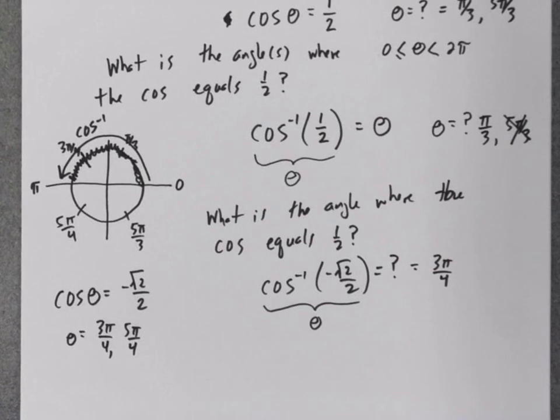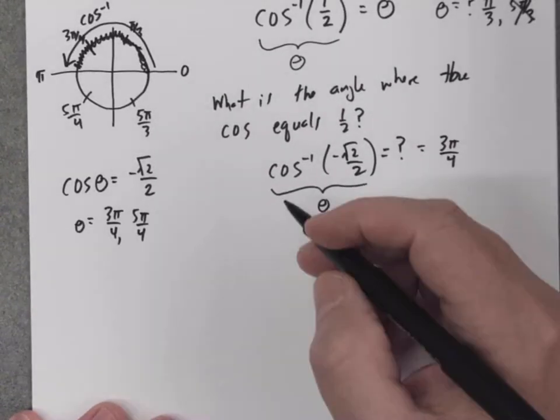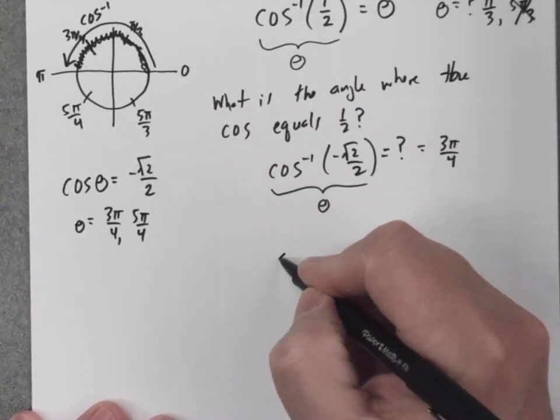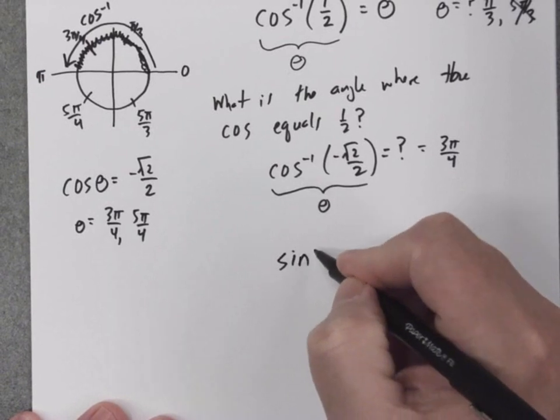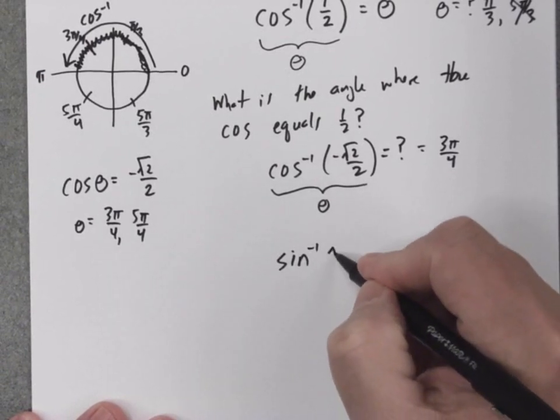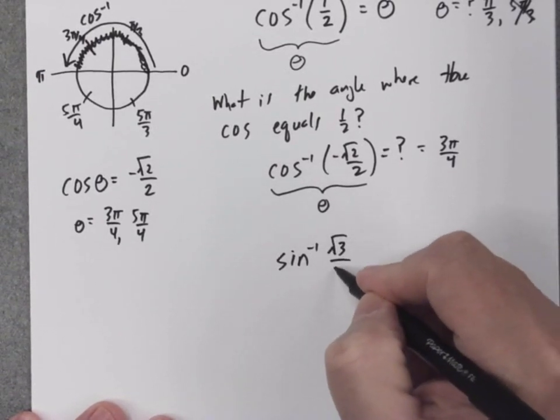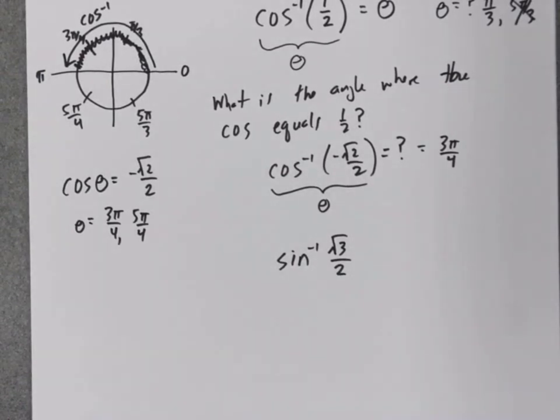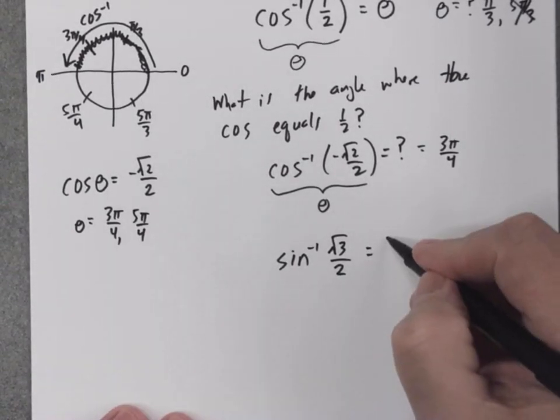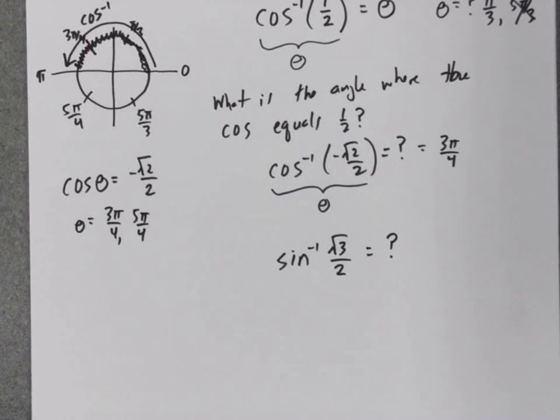So far I've talked about inverse cosine. So what happens if we're asked, what's the inverse sine of square root of 3 over 2?